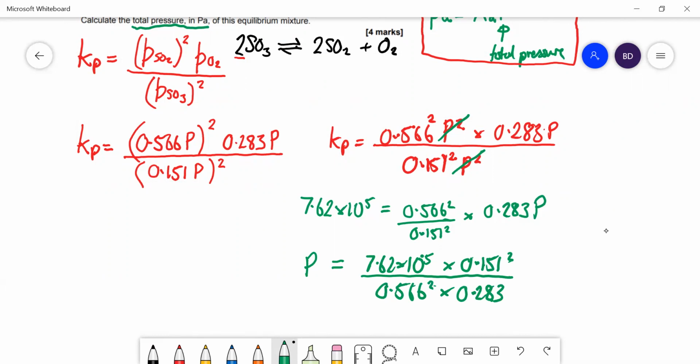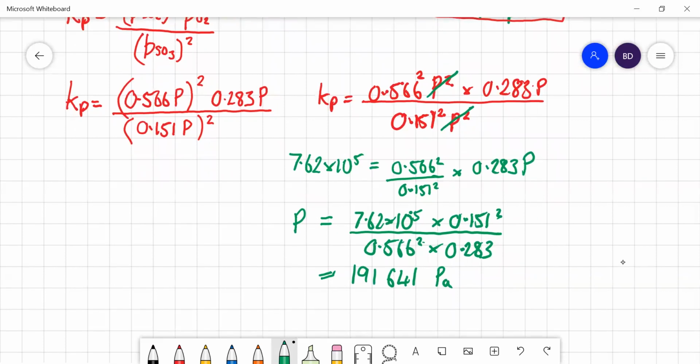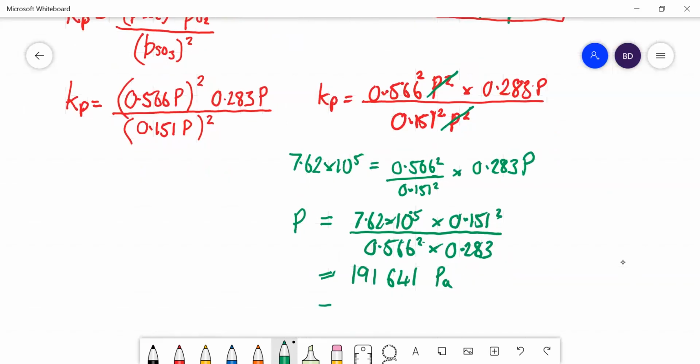Okay, and work all of that out, and we get 191,700 641, and the units are going to be in pascals because all our partial pressures are in pascals. We need to give that to three significant figures because that's the data given to three significant figures. So that's 192,000 pascals. That's our final answer.